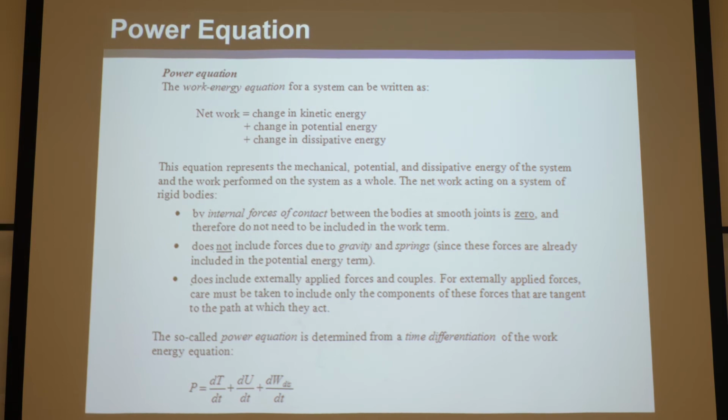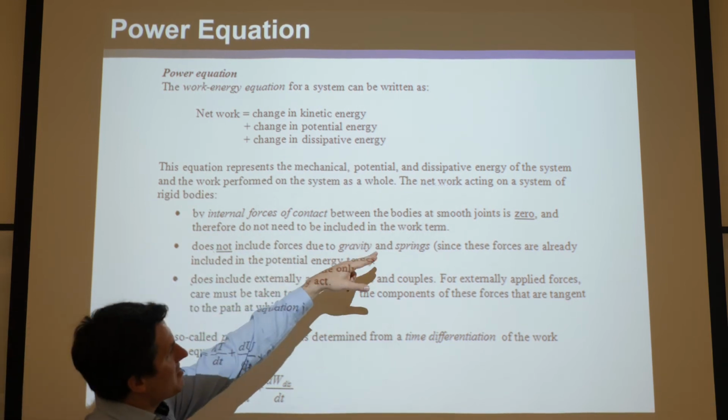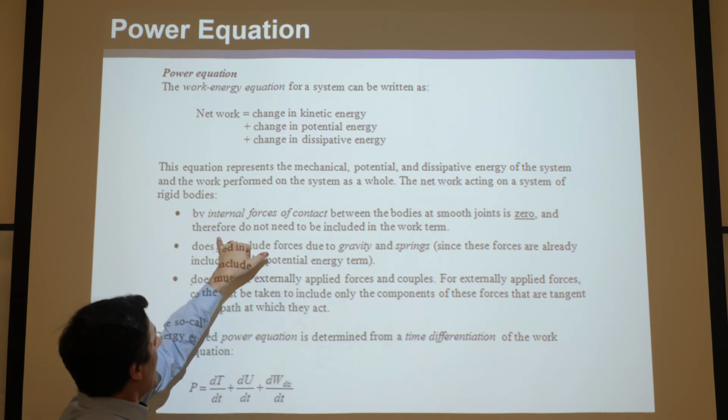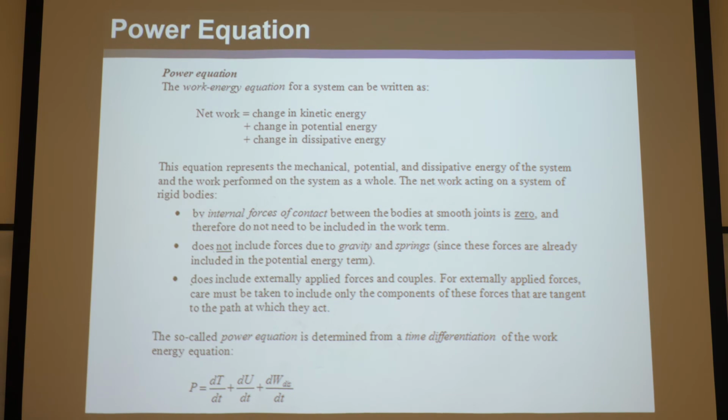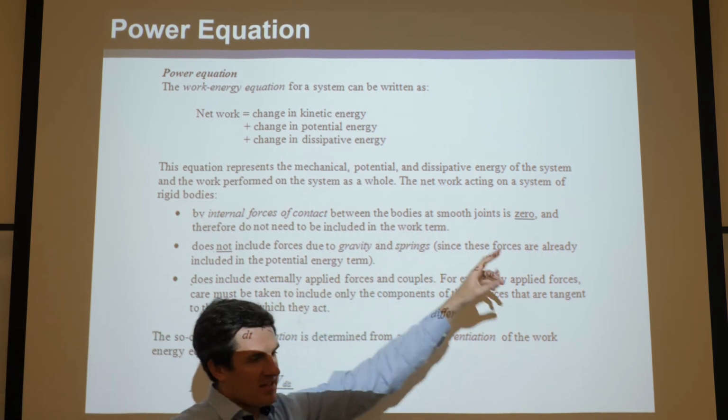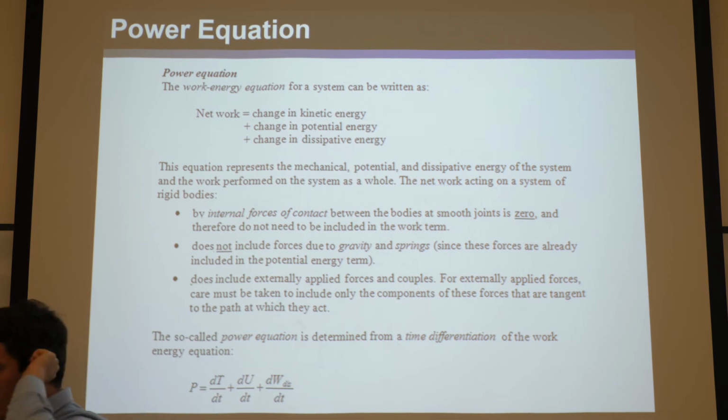But there are some nuances in this. The equation represents the mechanical potential and dissipative energy of the system and the work performed on the system as a whole. The net work acting on the system of rigid bodies by internal force of contact with rigid bodies at smooth joints is 0, and therefore does not need to be included in the work term. First of all, anytime you see smooth joints, that is basically another way to say they're friction-free.